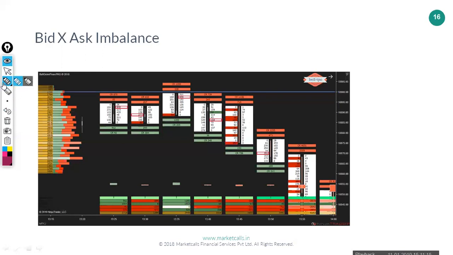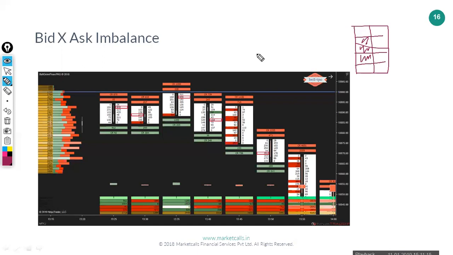So let's say you're taking a block over here, and you're finding that aggressive selling is happening in this block, and in this block, and in 3 blocks continuously, then that shows that they are stacked sellers.